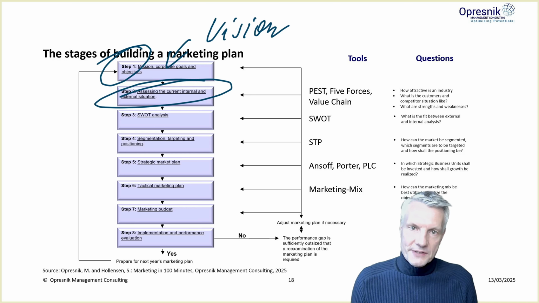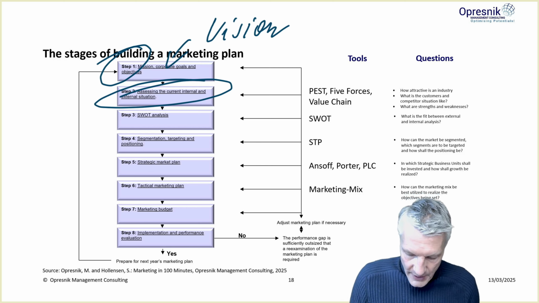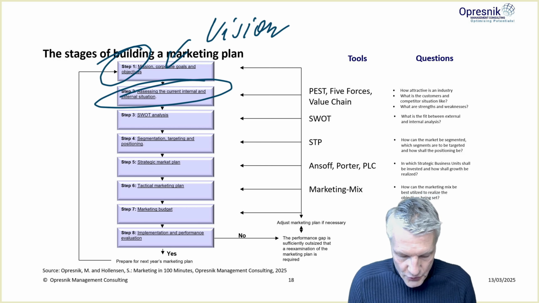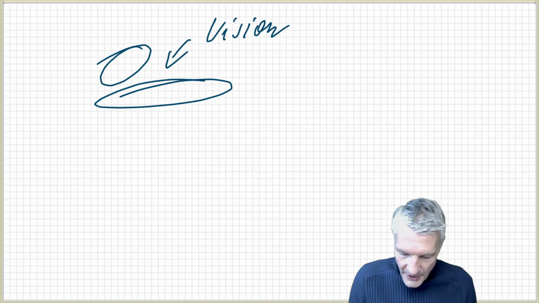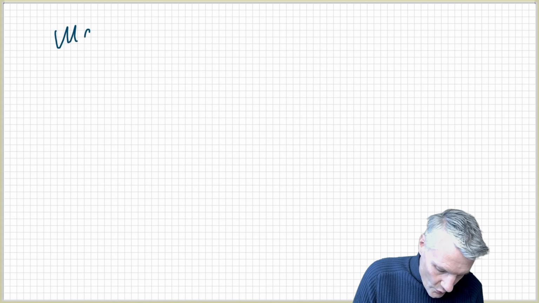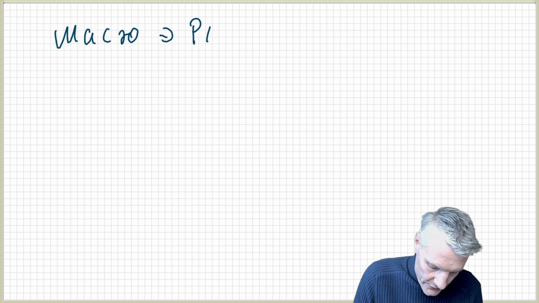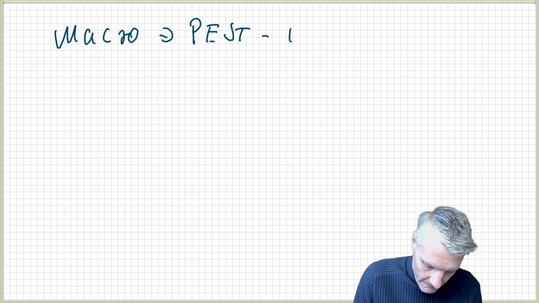We need to assess the internal and external environment. And how do we do that? In marketing, we have basically two tools that help us doing this. First, we need to look at the macro environment, which we assess by using the so-called PEST analysis.